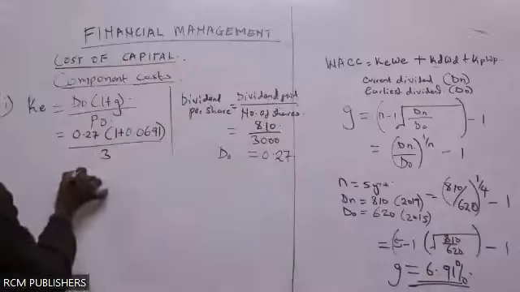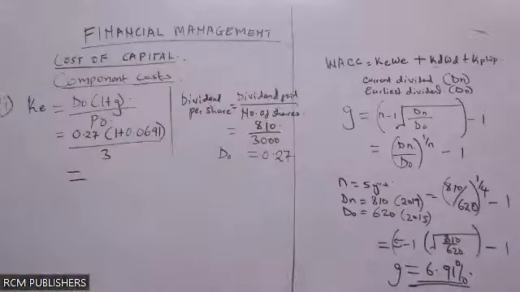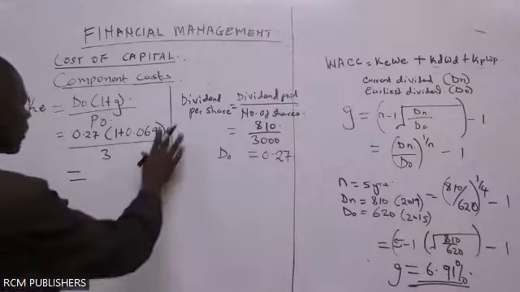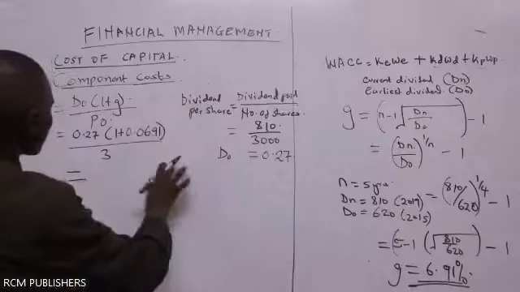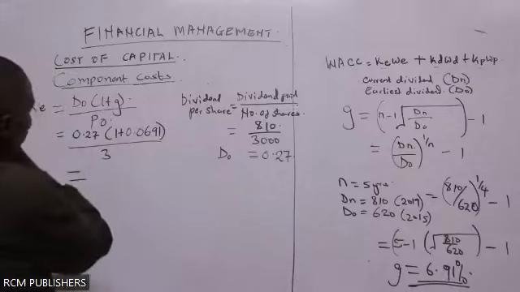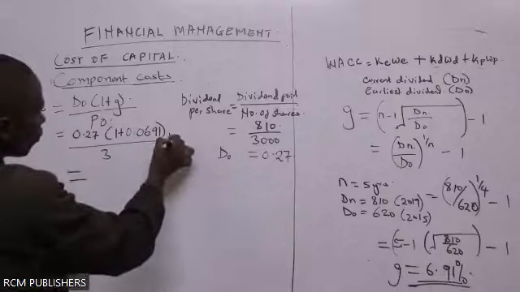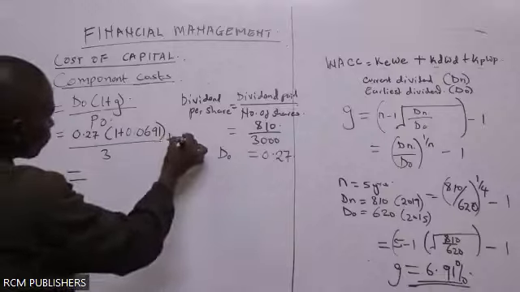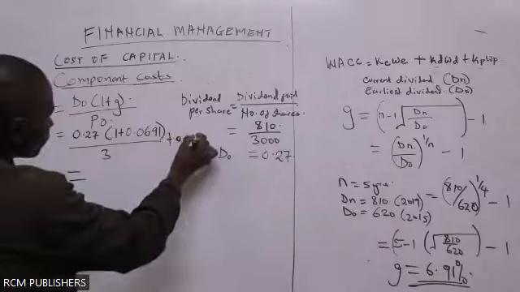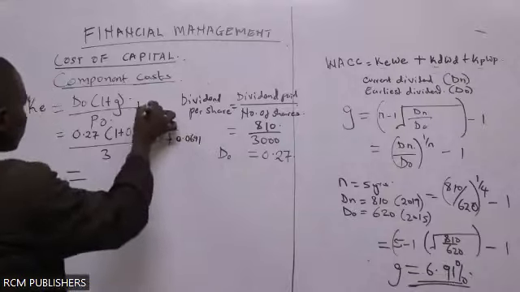So can you compute for me the KE? Please compute for me the KE. And this is growth. Remember, this is growth for the ordinary share, not for retained earnings. Therefore, remember, we also have 0.0691 and plus G, don't forget.